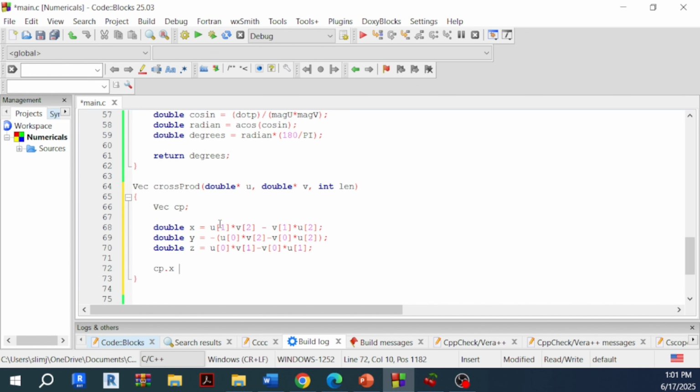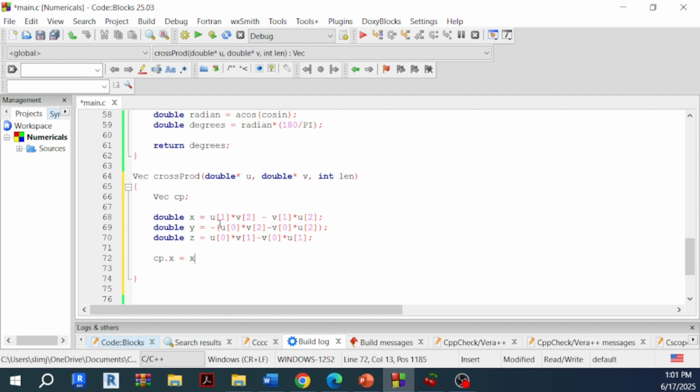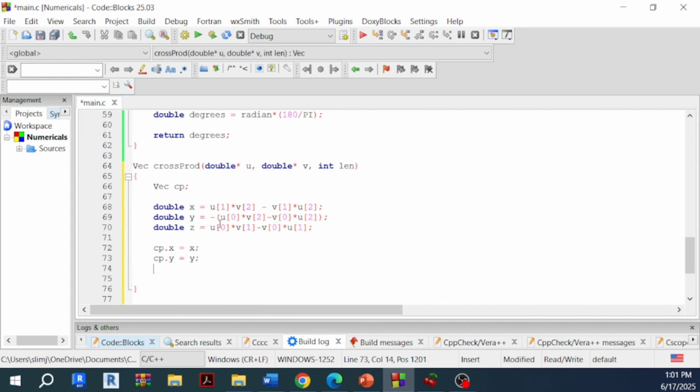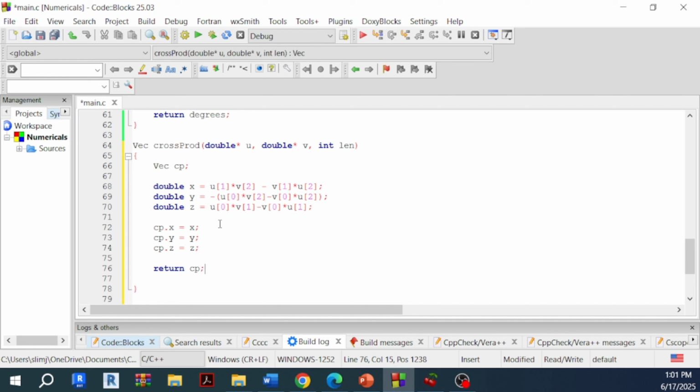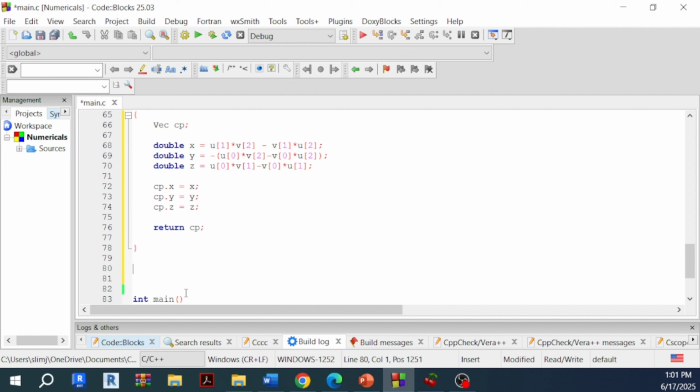cp.x is equal to x, cp.y equal y, cp.z equal z, and finally return the cp, the cross product vector. I will also create a void, which is not a function but a procedure that will display this outcome vector. Void displayvec, we will call it.